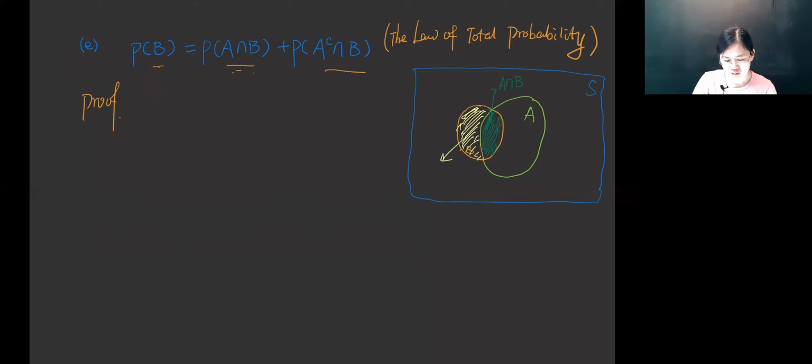That part equals the intersection of A complement and B, because all the points here are in the set B, but not in the set A.